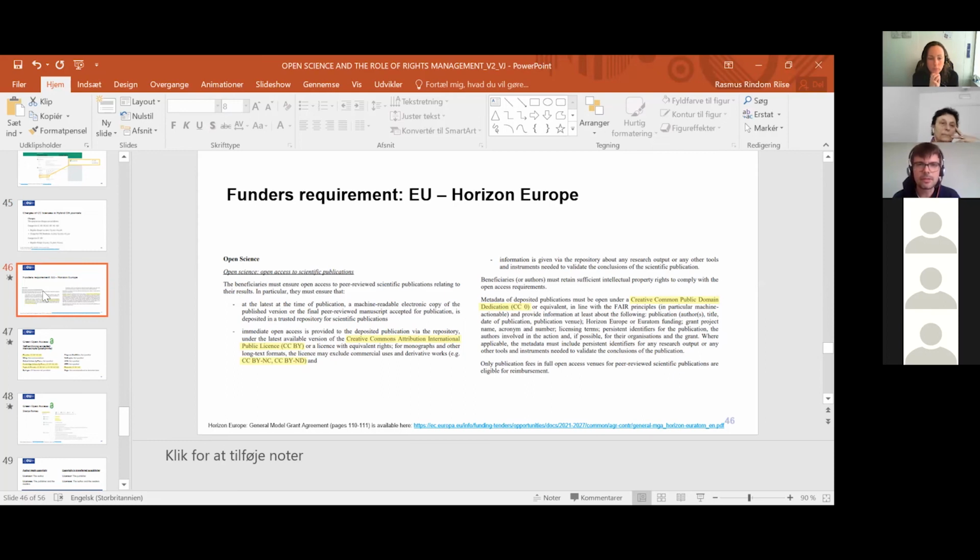For instance, the EU framework program Horizon Europe requires that the content they provide money to must be published with a CC BY license, at least when it's in article form. But for long text formats, they permit less open licenses such as CC BY NC or CC BY ND. And also the metadata, as I told you before, the metadata of the articles or the publications, must be licensed with CC0, the public domain license.